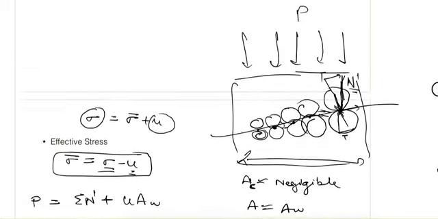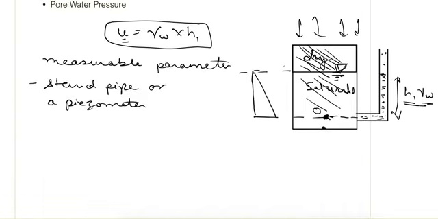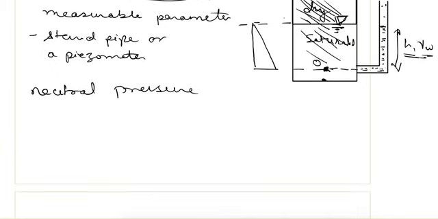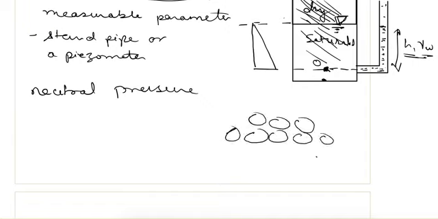One thing I forgot to mention: this pore water pressure is also called the neutral pressure. So why is it called the neutral pressure? Because in a soil mass, water pressure is applied from all the directions. Because it is a hydrostatic pressure, it is applied from all the directions, and it has no shear component.